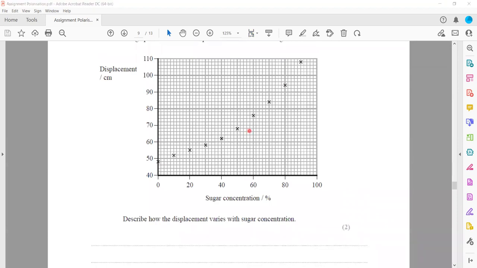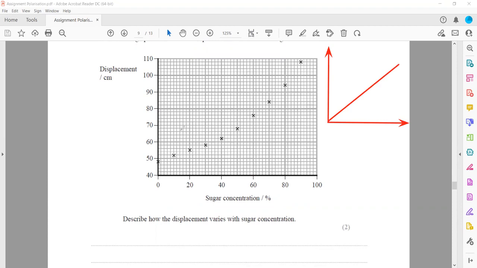So displacement is increasing as the concentration increases, but we cannot say they are directly proportional. Why can we not say they are directly proportional? Because if it was a directly proportional relation, it should be a straight line starting from the origin, 0, 0. We can say an increase in the concentration of sugar increases the displacement of the light, but it is not directly proportional, or it is not a linear relation.